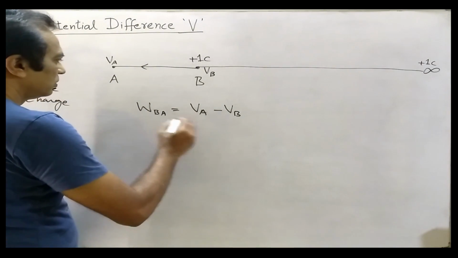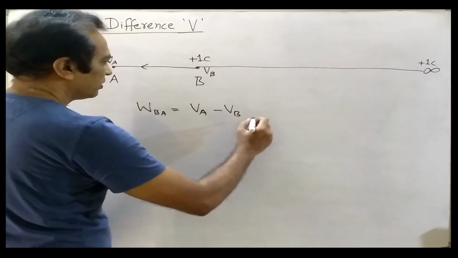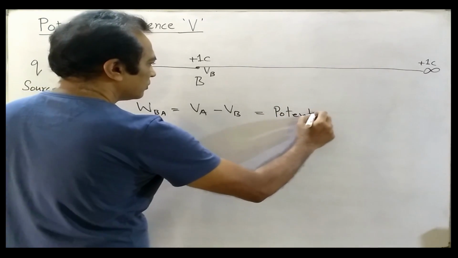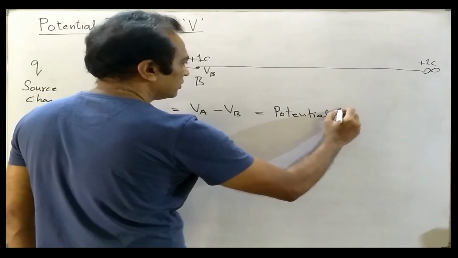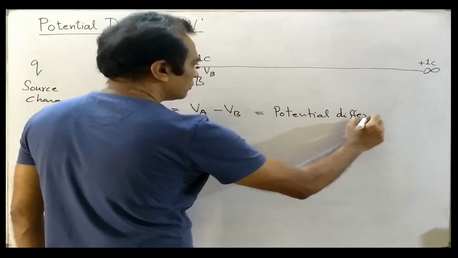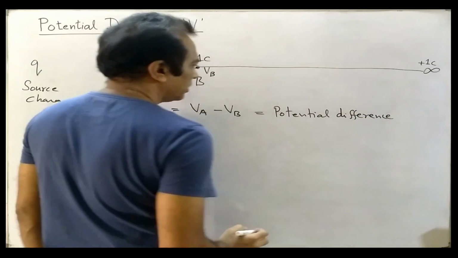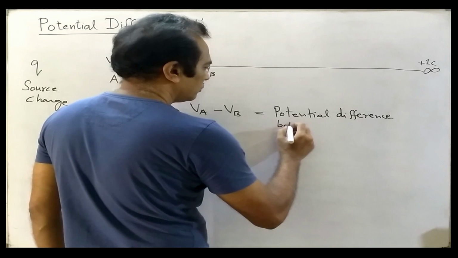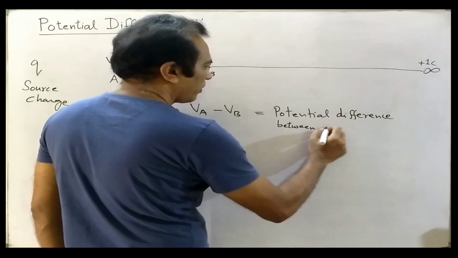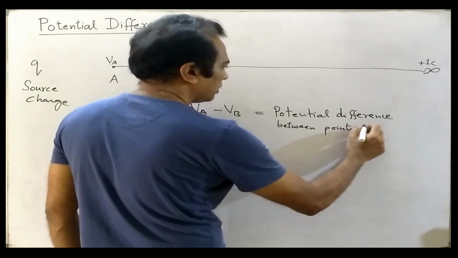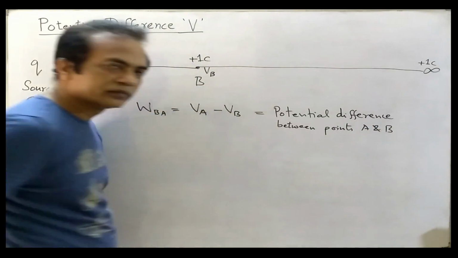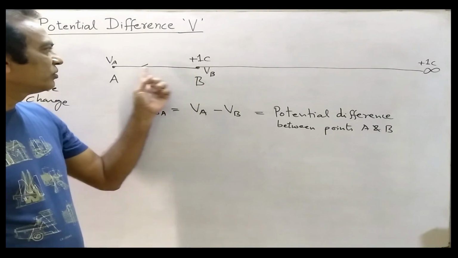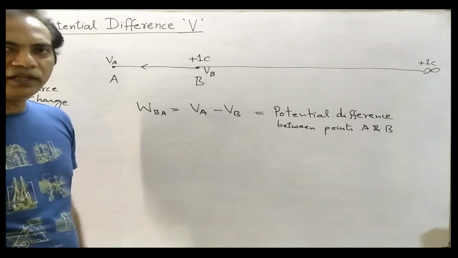So this is nothing but the potential difference between points A and B. So what is it? Work done in taking a unit positive charge from point B to point A.